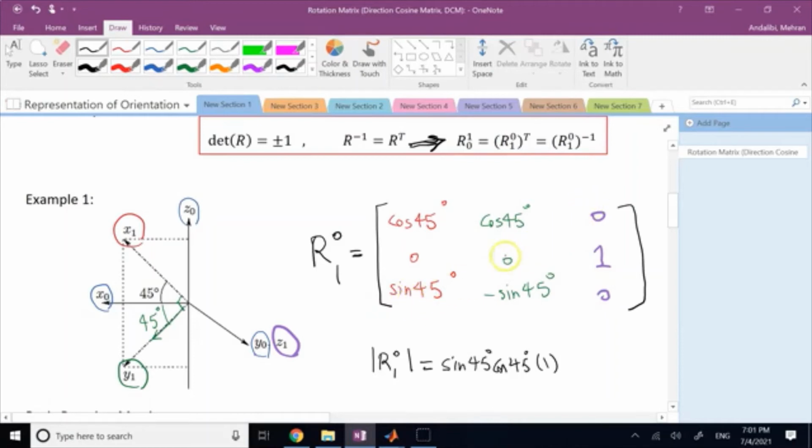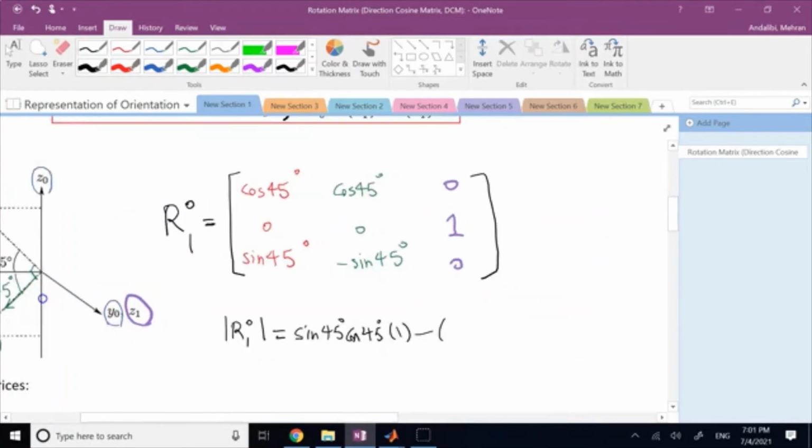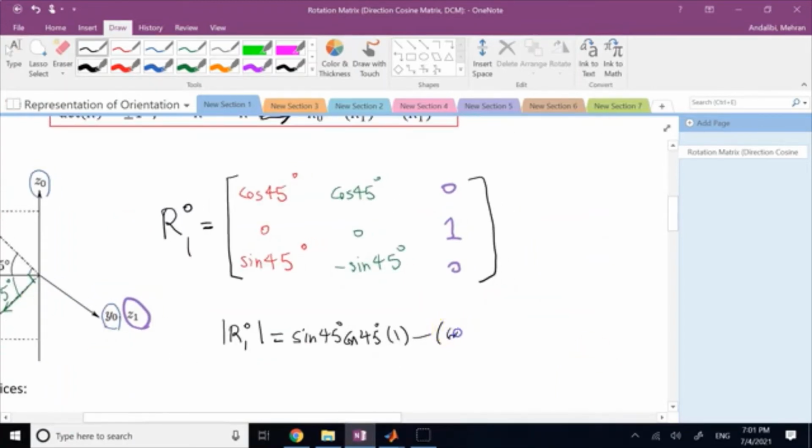And then this is going to be plus, minus minus, so it is going to be plus, cosine 45 times negative sine 45 times 1.